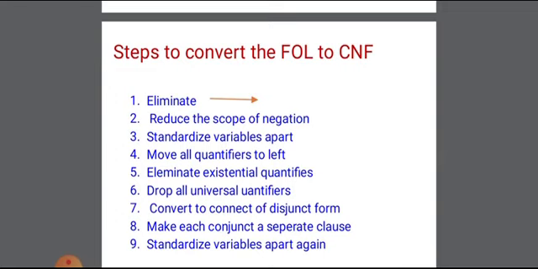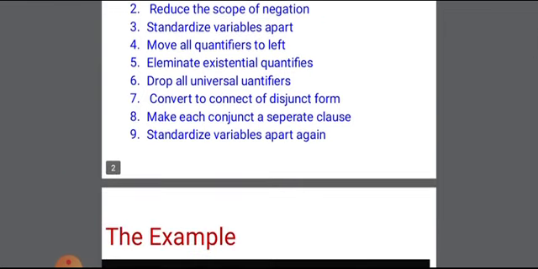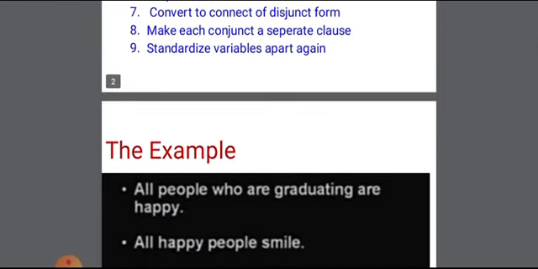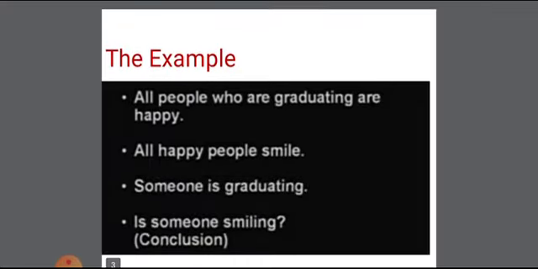To understand these steps, we'll take a simple example which consists of a set of sentences and one statement to be proved. The statements are: all the people who are graduating are happy.